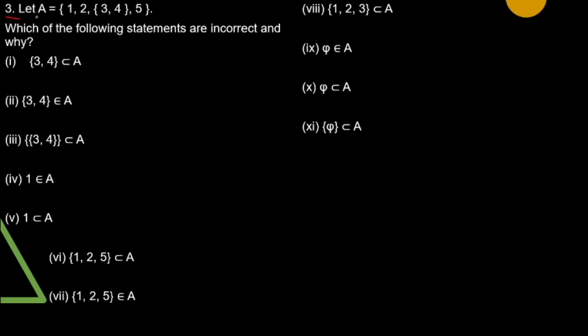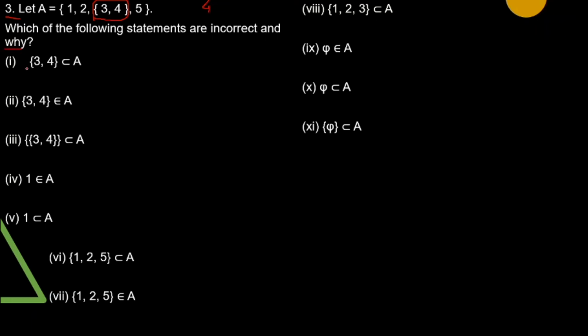Third question, let A equal to {1, 2, {3, 4}, 5}. Here this {3, 4} is counted as a single element, a single object. So we have 4 elements in this set. How many elements? 4 elements. Which of the following statements are incorrect and why?